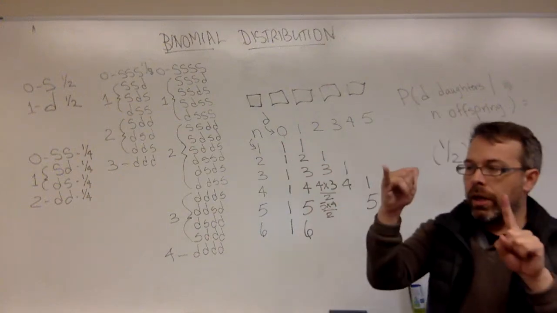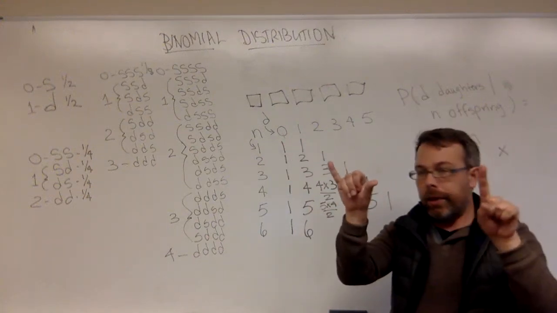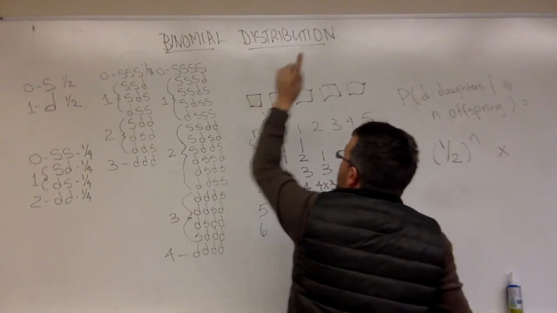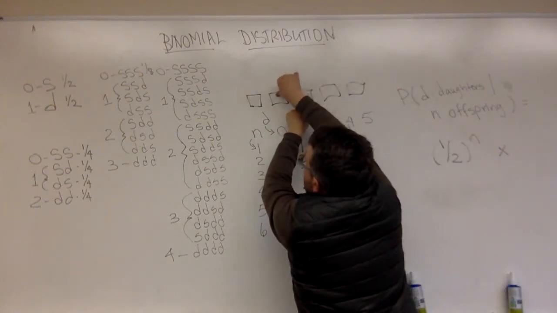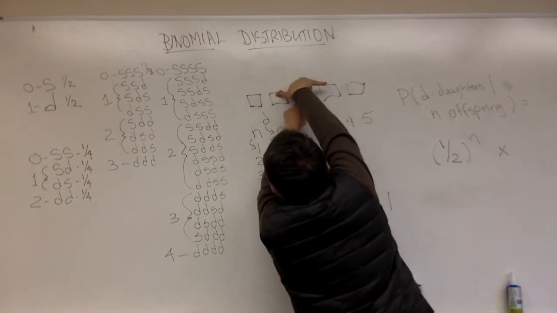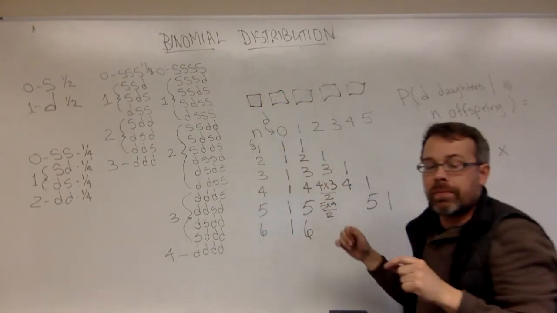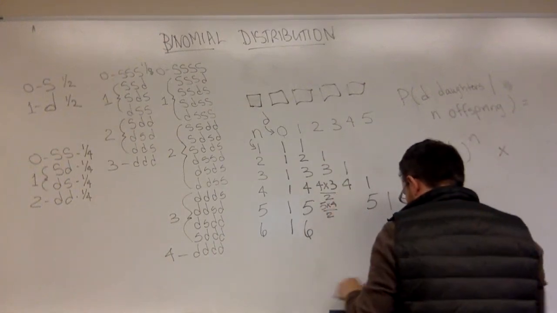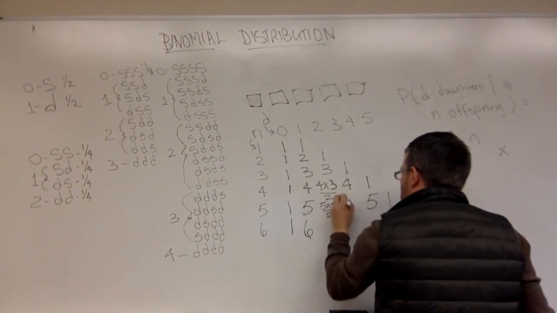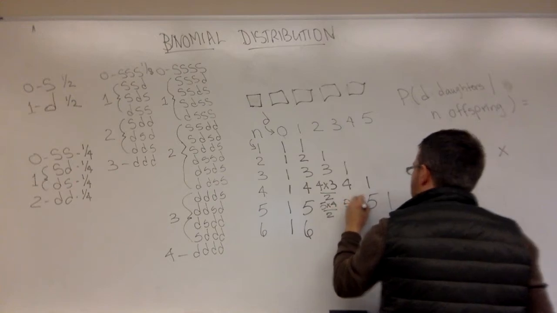Okay, so now we have Anna, Beatrice, and Candace. So we have 5 places to put Anna, and then we have 4 places to put Beatrice, and we have 3 different places to put Candace. So we're going to start out with 5 times 4 times 3.